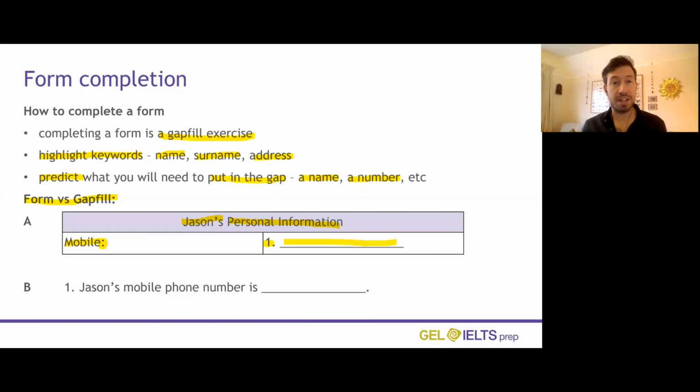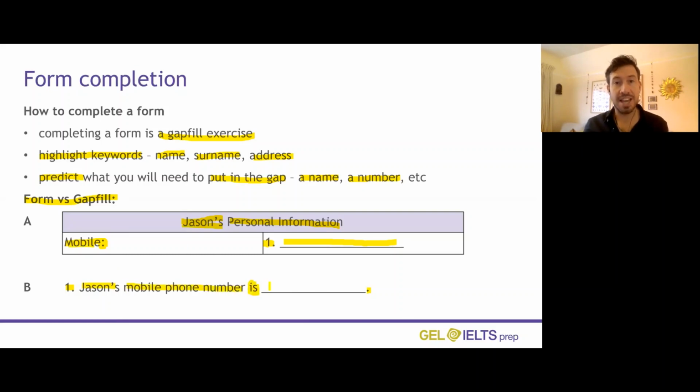Compared to a gap fill, it would look like this. You just have the question number, and it would be a full sentence, and it would have a missing gap. So it says, Jason's mobile phone number is. It still has all the same information. It has Jason, mobile phone number, and then it's got a verb here.